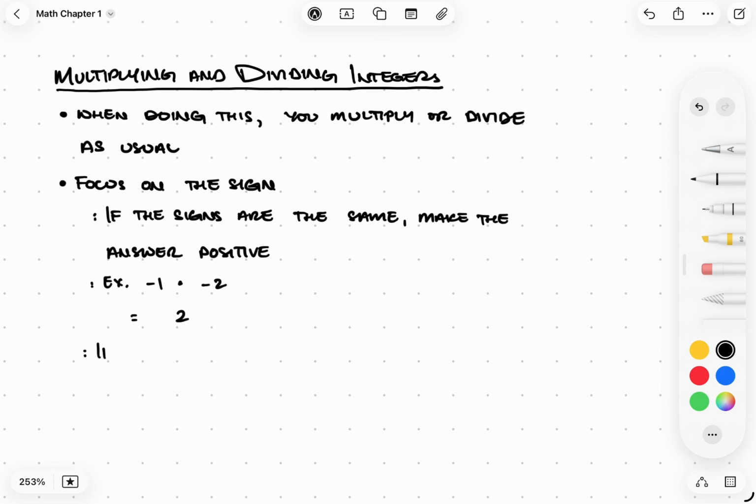Now, if the signs are different, then I'll make the answer negative.